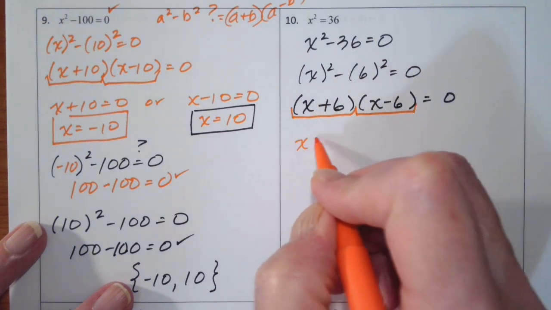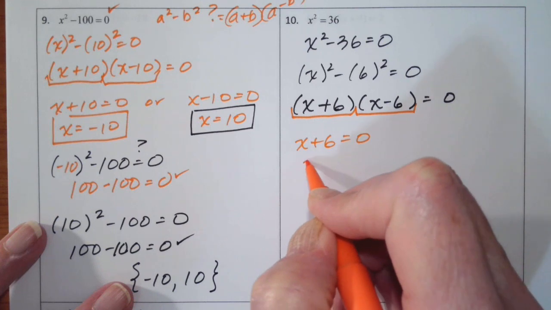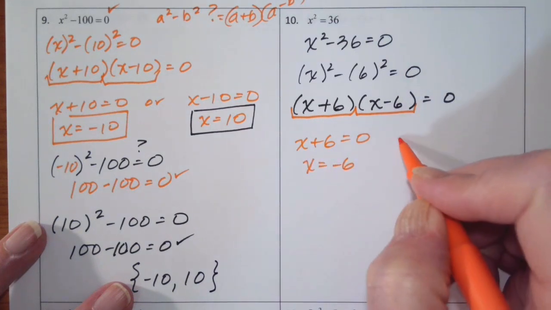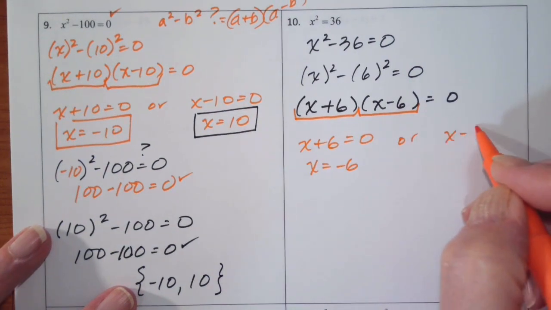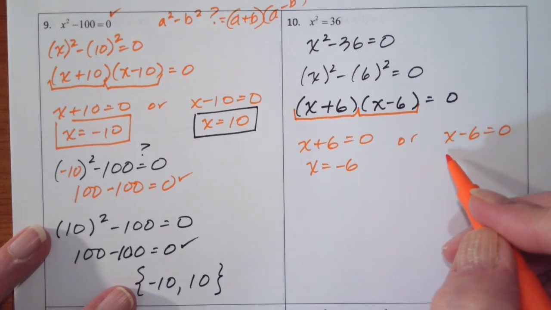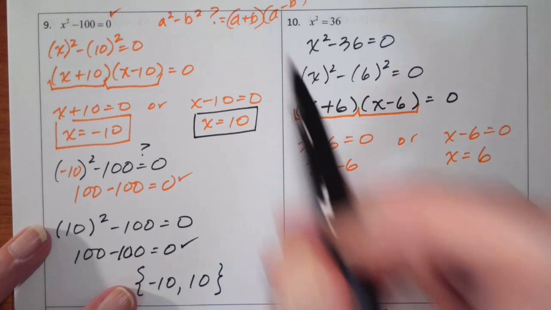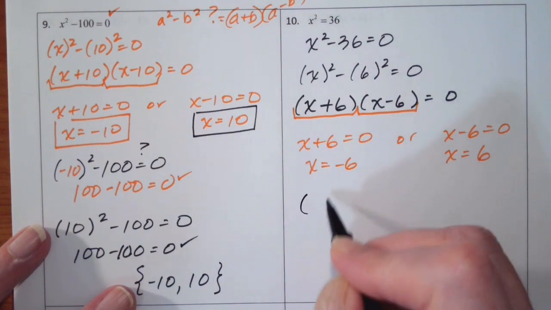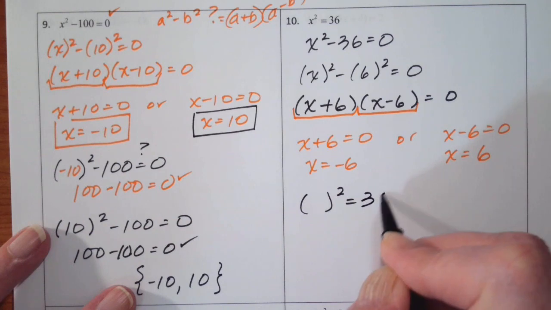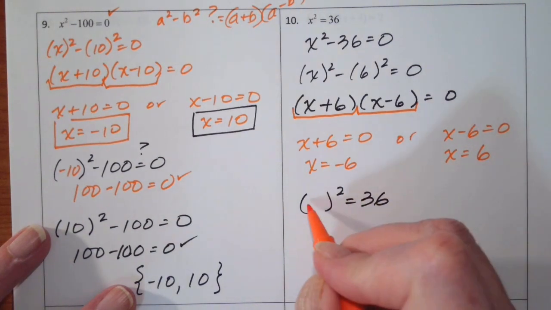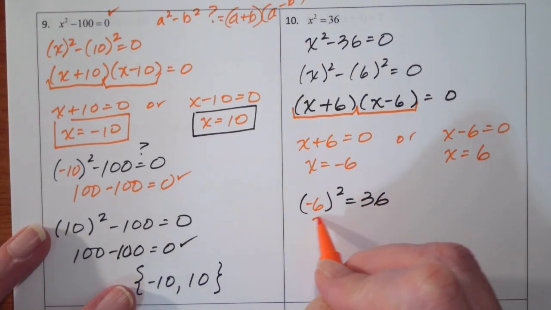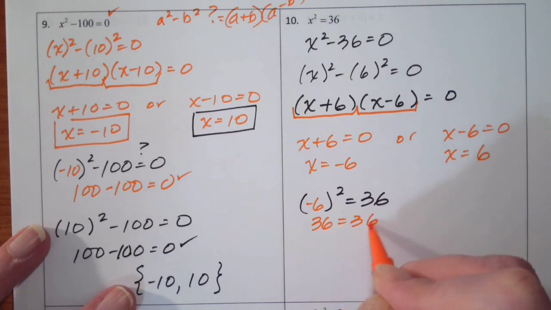So if I have x plus 6 equals 0, that tells me x equals negative 6. If I have x minus 6 equals 0, that tells me x equals 6. So again, I'm going to check in my original equation. So I want to know if something squared equals 36. Negative 6 squared, so 36 equals 36.